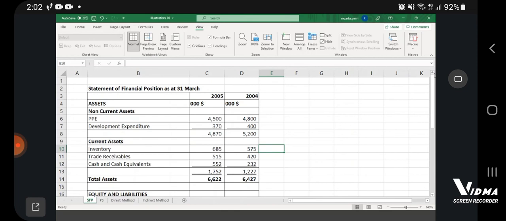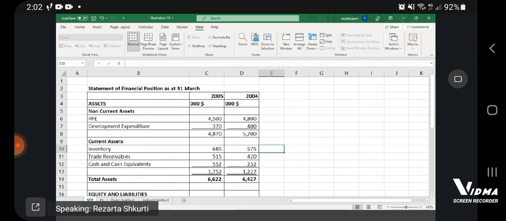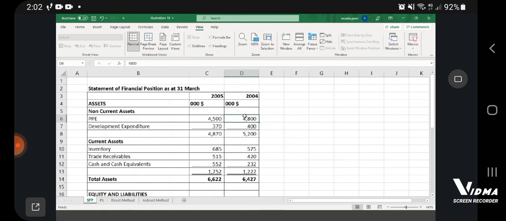So make sure you understand what's going on, and when necessary, make the necessary calculations at the right time. For example, we can see that the property, plant and equipment and development expenditure both have changed from beginning to end of the period, and please remember that this will have an impact on the investing activities in the cash flow statement.